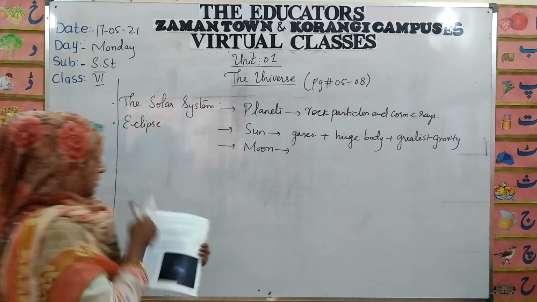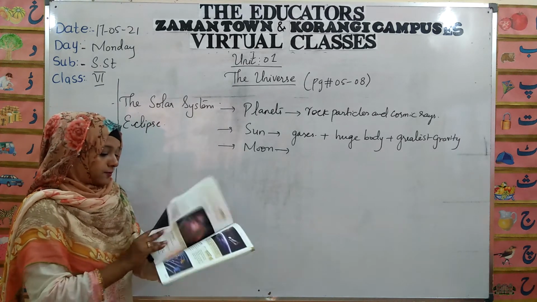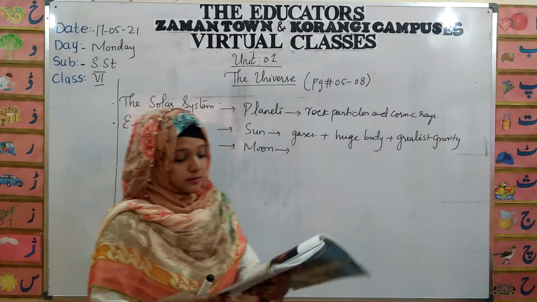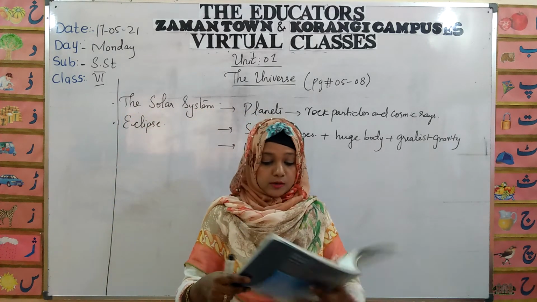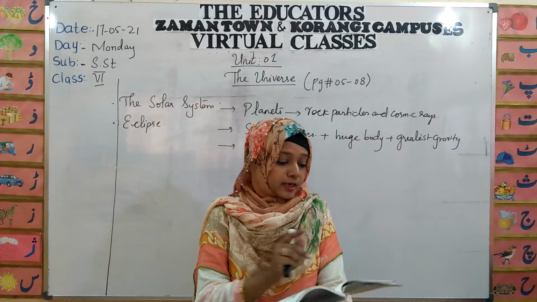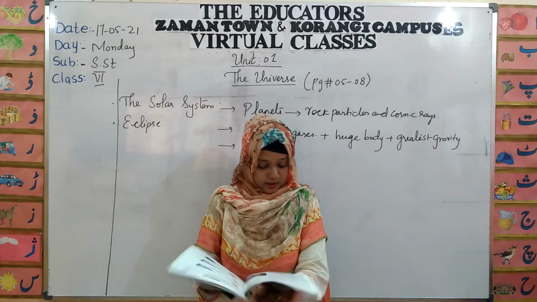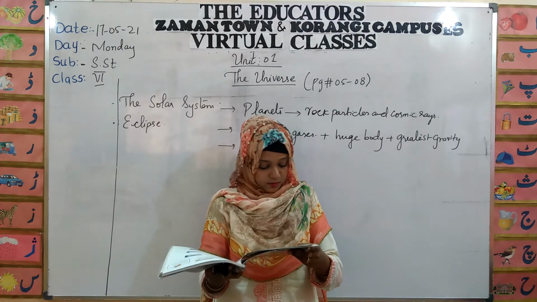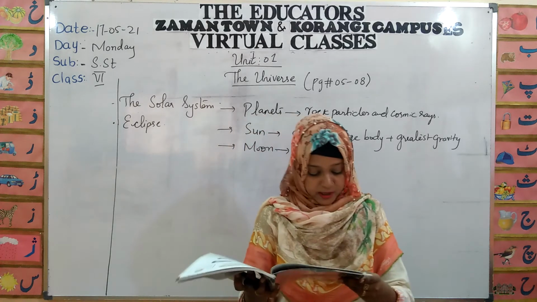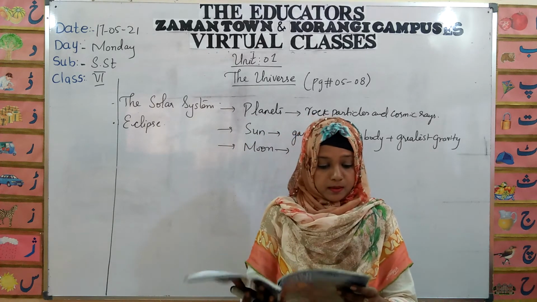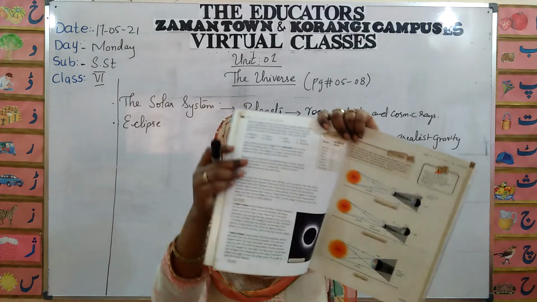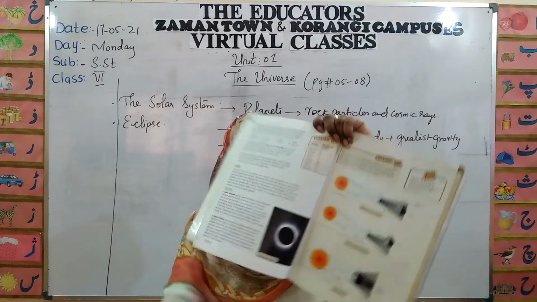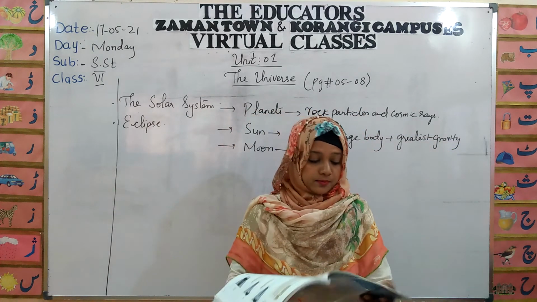Alright. Now, our solar system comprises 8 different planets. You can see they have been listed on page number 6. See over here, we can see different names of the planets.